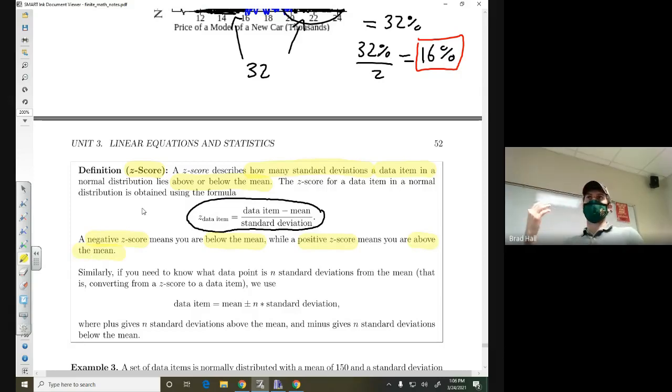So if you are, say, older than the average age in the class, then you would have a positive z-score. And if you're below the mean, then you would have a negative z-score, despite the fact that age is a positive number. Z-scores are very helpful because they tell you what your displacement is from the mean. And for a lot of statisticians, they care a lot more about that than what the raw values represent.